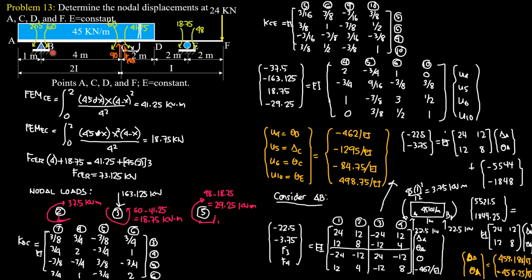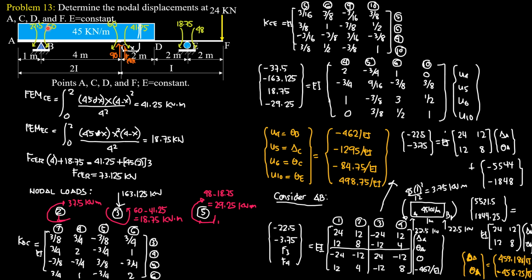So that would be negative since the fixed forces, fixed moments, and the nodal load are opposite to each other. Therefore, 22.5 minus 60 is negative 37.5. So that means the nodal load should be 37.5 kilonewton meter clockwise.